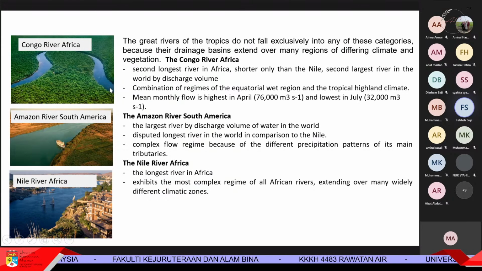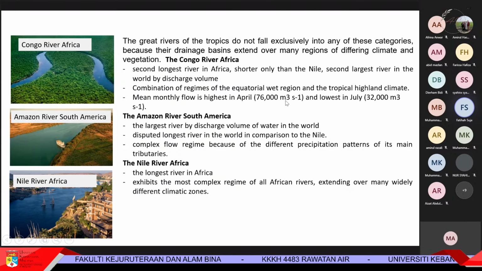So combinations of regimes of the equatorial wet region and the tropical, is highest in April, 76,000 cubic meters per second, and lowest in July, 32,000 cubic meters per second. So you cannot classify it because they fall into many categories.